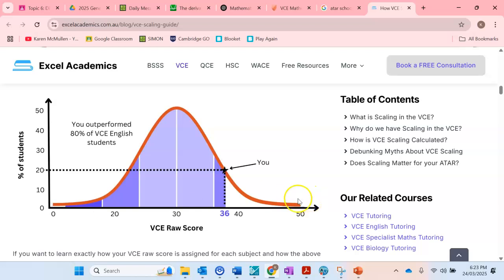So it's really hard to get above 40, and it's great to get above 30. Even if you get above 25, that is a great result, because often if you want to go on to university, it's a prerequisite to get 25.